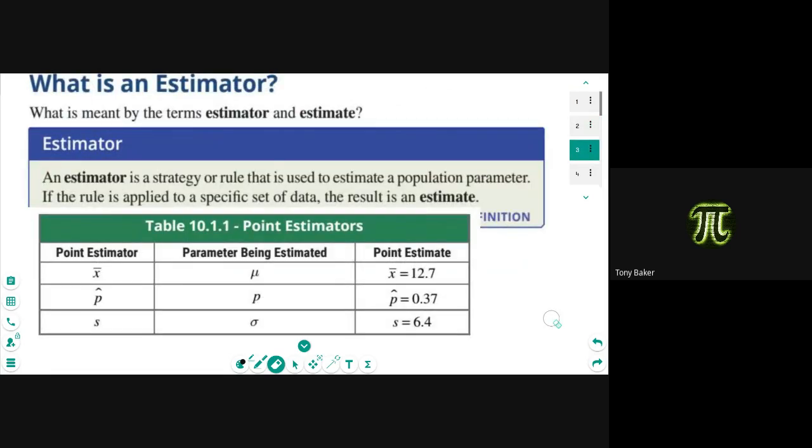So the first thing we want to look at is what's an estimator. There are three different things that we're going to look at, and actually we're only going to do two of these. We're not going to do the standard deviation one. The first one is x-bar, our sample mean, and we use that to estimate the population mean. So those both are means, this is just the sample and that's the population.